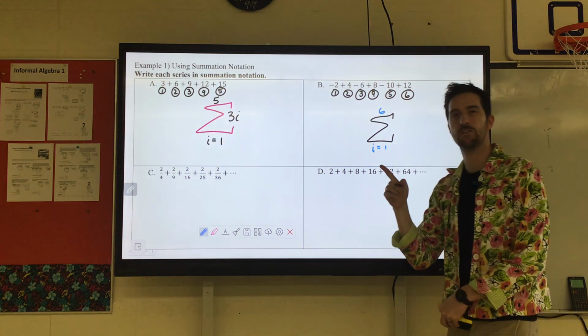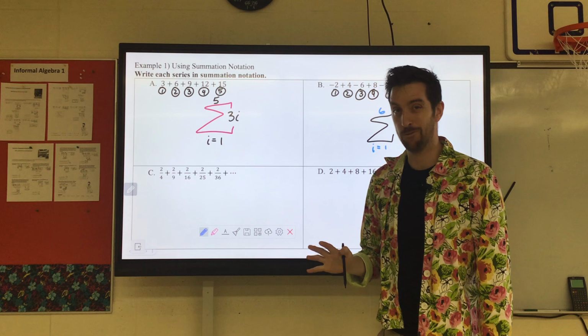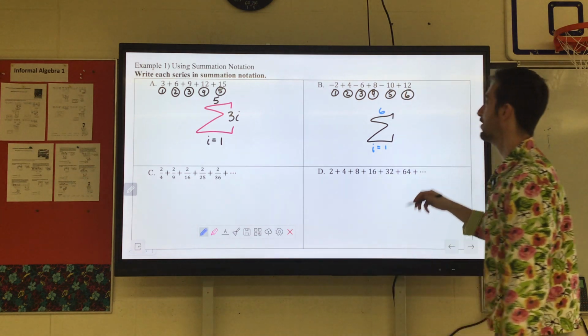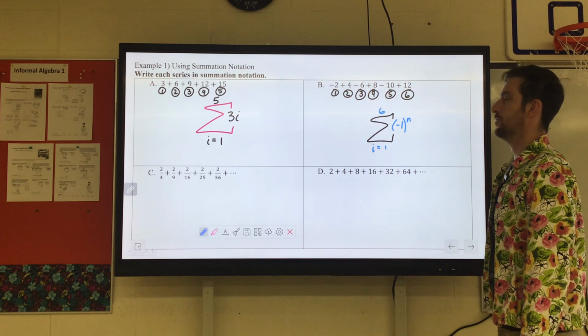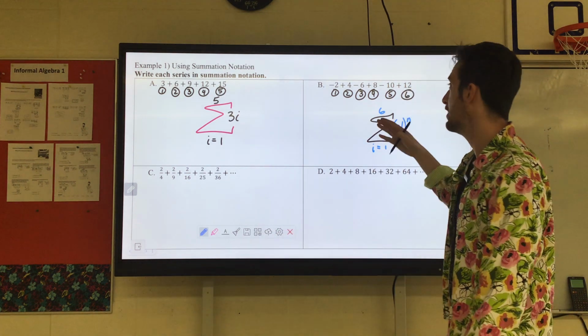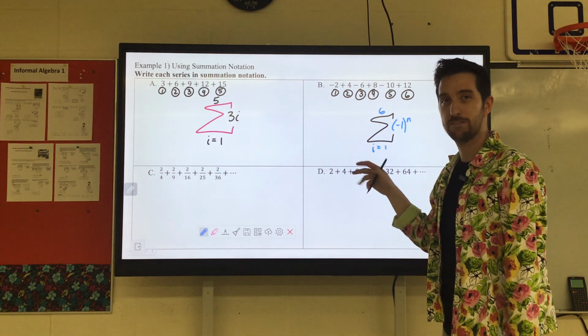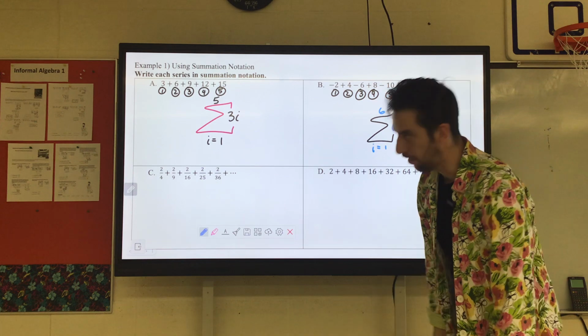Now, I do notice that it's alternating positive and negatives. Yesterday we wrote a rule for that. Now, if it is starting negative, and it alternates, you just say -1 to the n power. If it was starting positive and then flipping negative positive, then you would do -1 to the n plus 1.